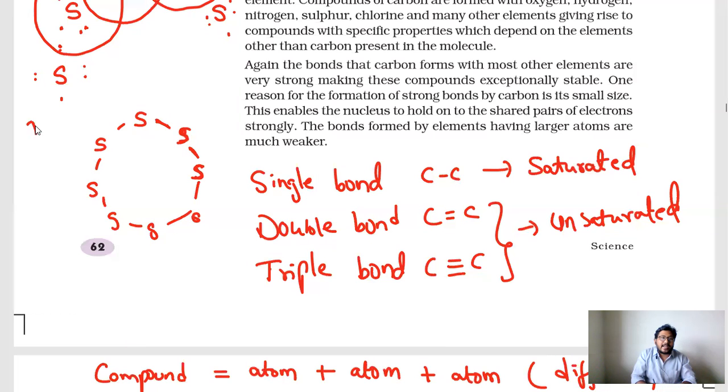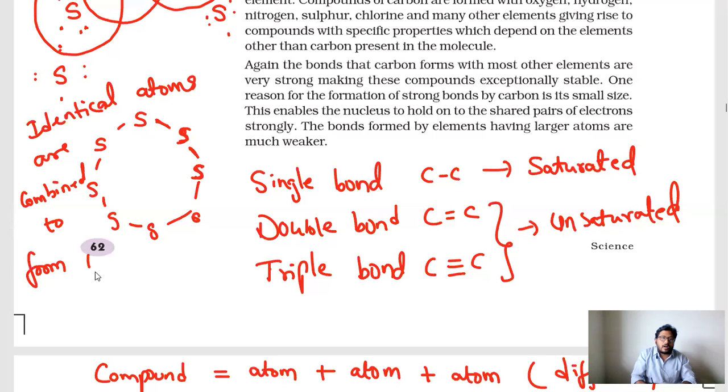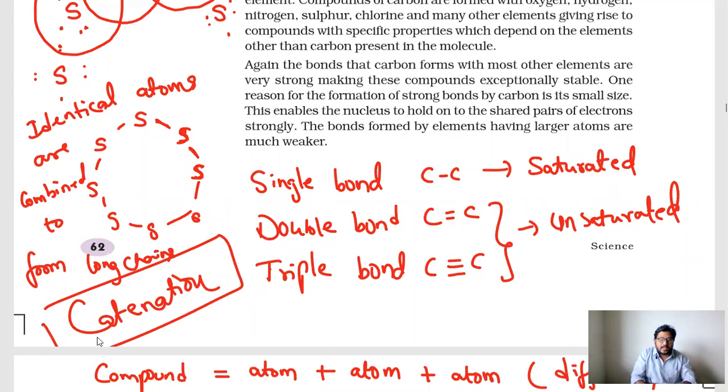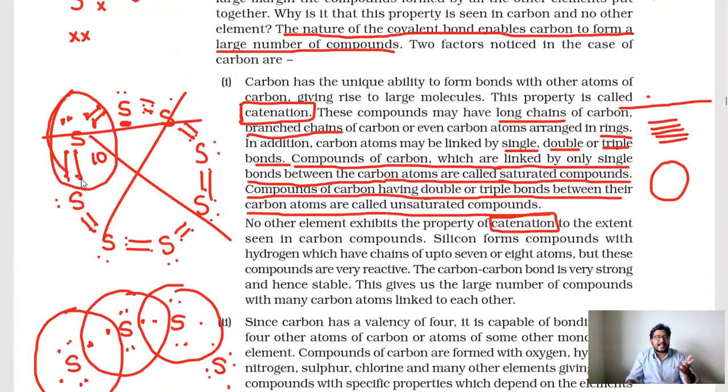Like that, if identical atoms are combined to form long chains, it is known as catenation. Don't forget that. Catenation means identical atoms combine to form long chains. Here sulfur is undergoing catenation.